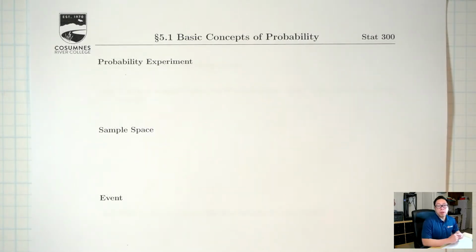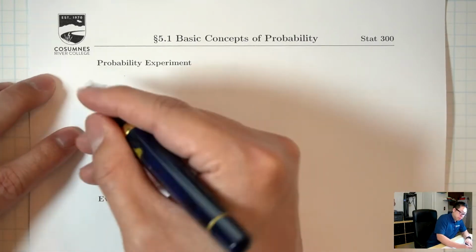All right, so let's talk about some terminology. A probability experiment is just any process where you don't know what's going to happen. So it's a process where the individual outcomes are unknown.